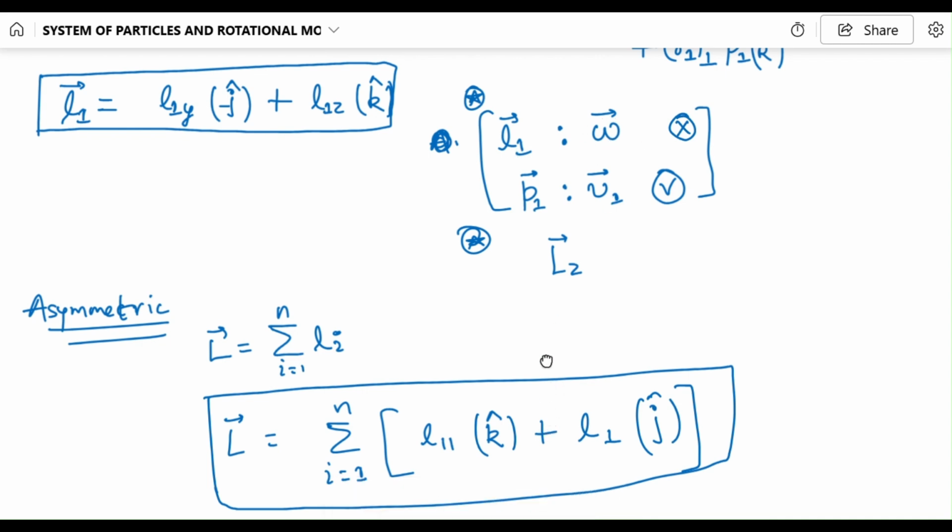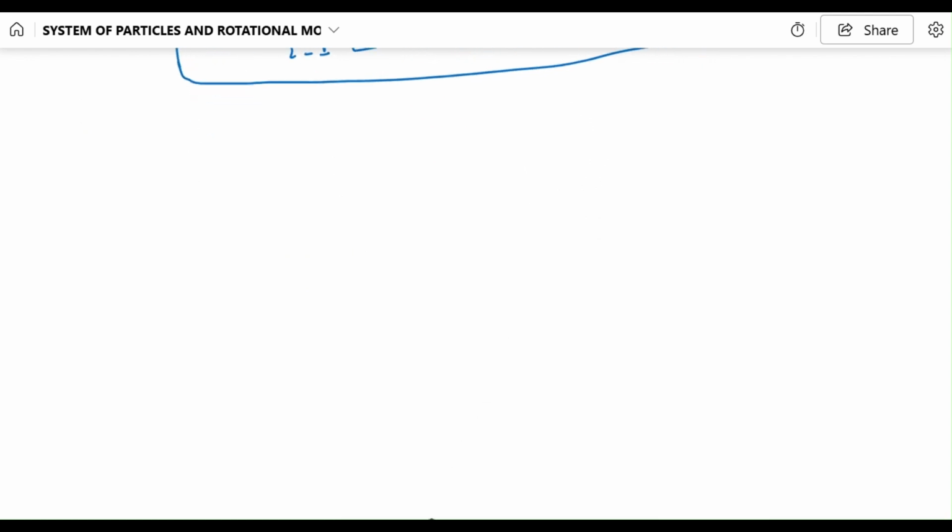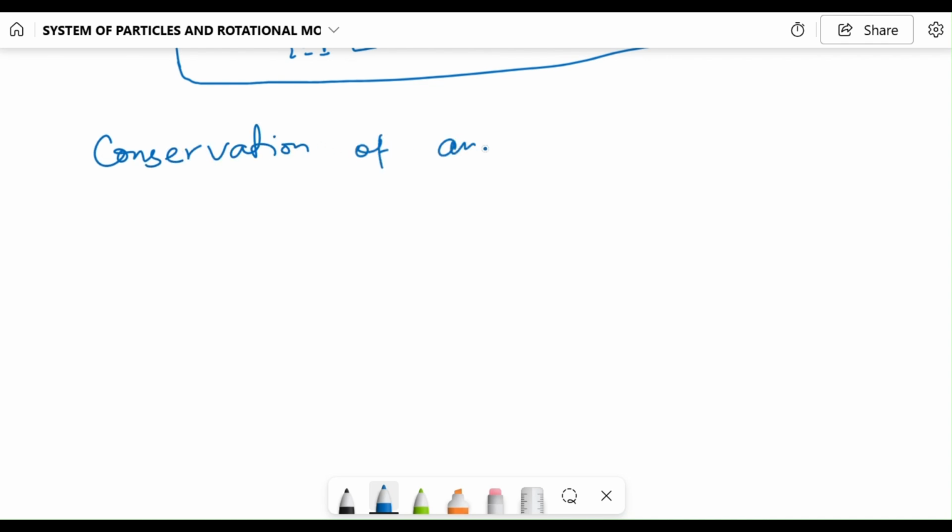Now we have a last topic to discuss. We have already discussed that topic, but let me summarize here. This is conservation of angular momentum.